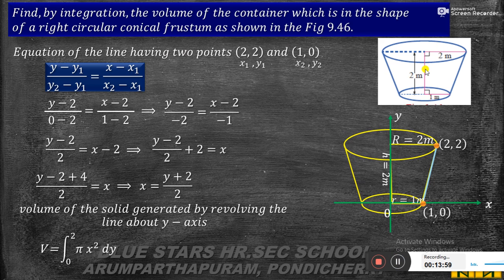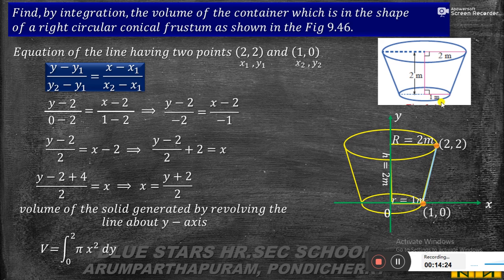You see here, along the x axis the horizontal length is 2 meter, and the vertical height is 2 meter. Next, the base is a circle, and they give its radius as 1 meter.